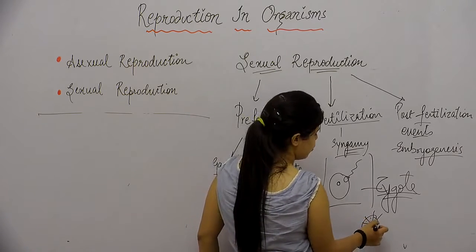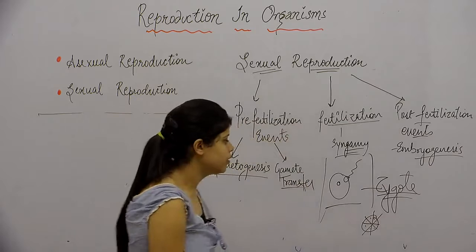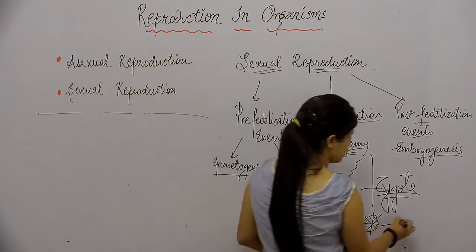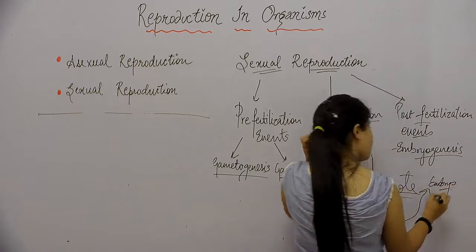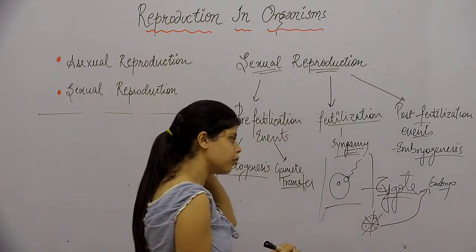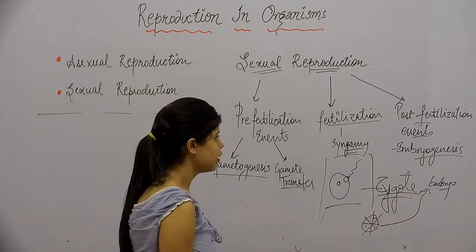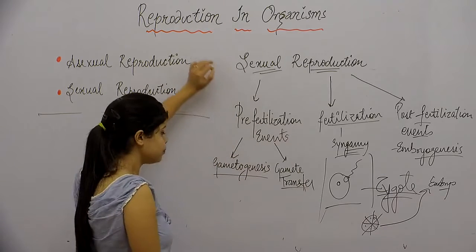So at 8 to 32 cell stage in humans, this zygote is known as embryo. So the development of zygote into embryo is known as embryogenesis. You can write this down.